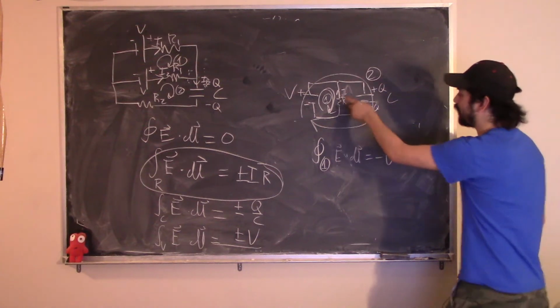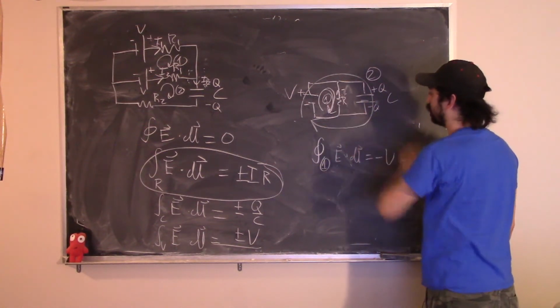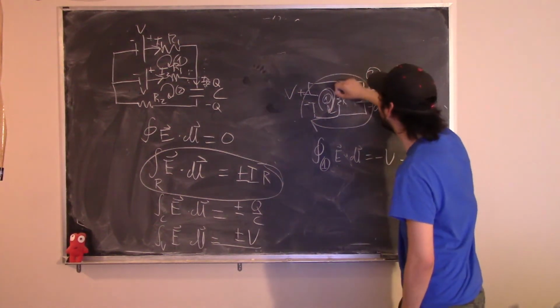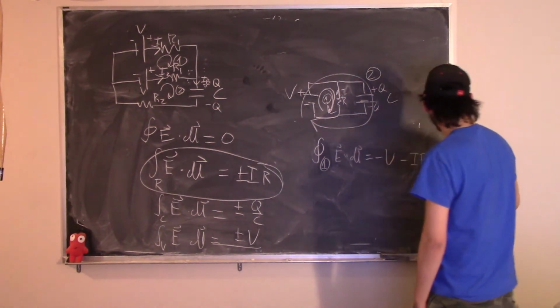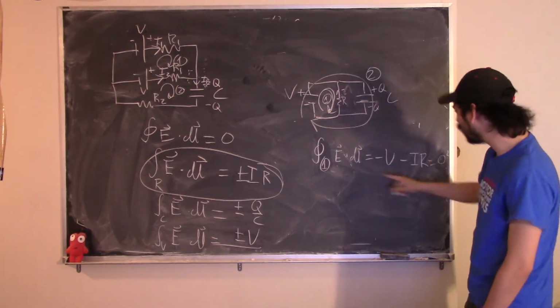Again, this is minus IR because the loop is going the opposite direction as the current. Had I chosen my current to be pointing down, then this would be positive IR. And then this is equal to 0.